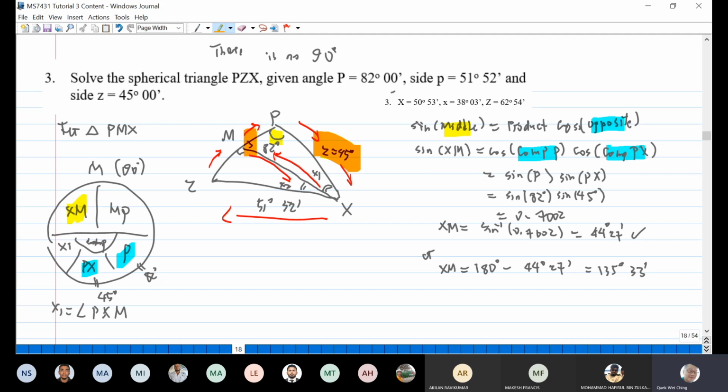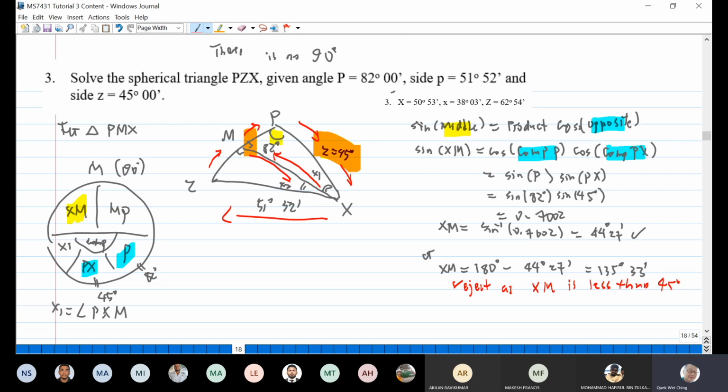So that means XM must be less than 45, so reject this as XM is less than 45 degrees, right?